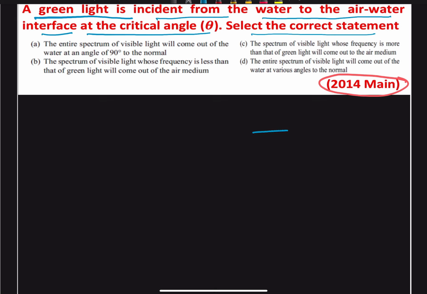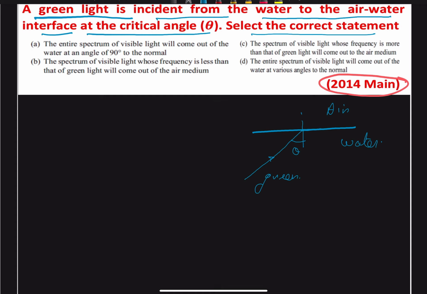Suppose this is the interface, and we have air as well as water, and we have a green light that is incident at the critical angle, that is given as theta. Okay, so this is our green light, and let us suppose, yeah, that will be sufficient.